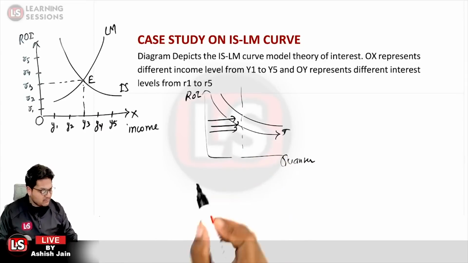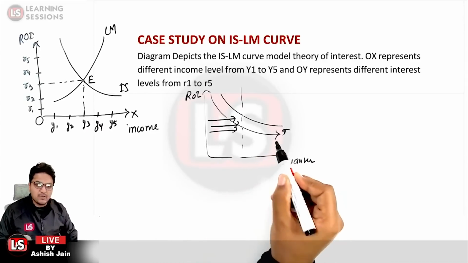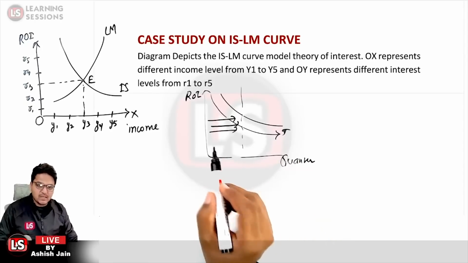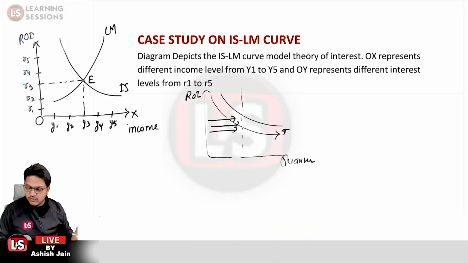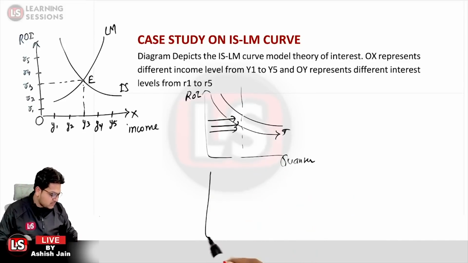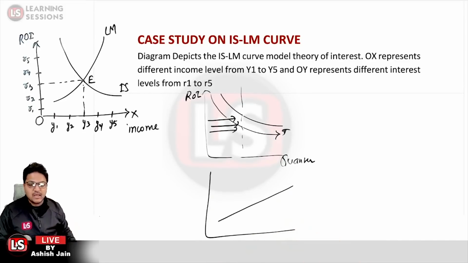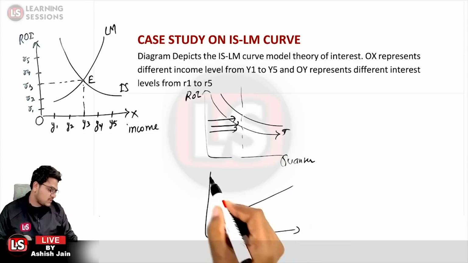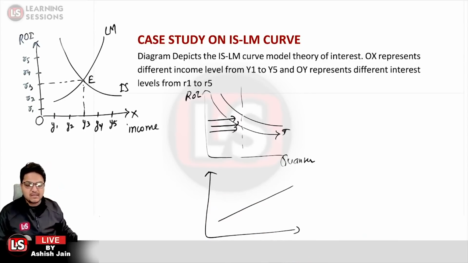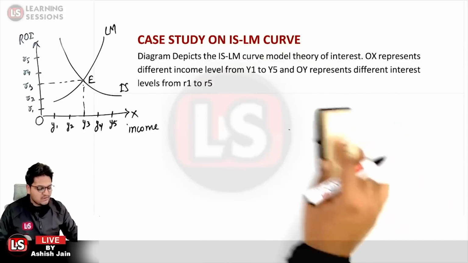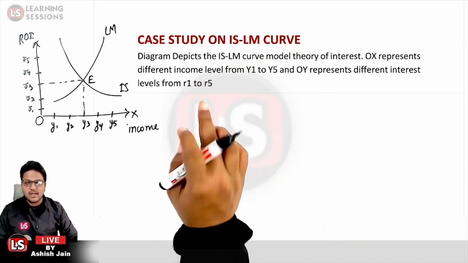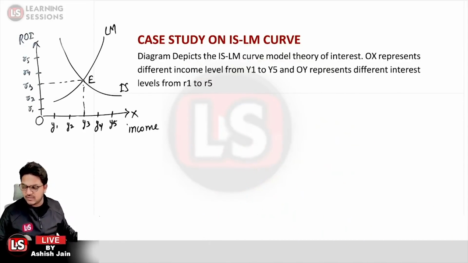I just told you that if the rate of interest increases, our curve will move upward, and if the income is increased, our curve will move from left to right. Okay, so our curve will move left to right upward if the income is increased. That is the LM curve. That is how the synthesis was given by Hicks and Hansen related to the IS-LM curve. Is that clear?